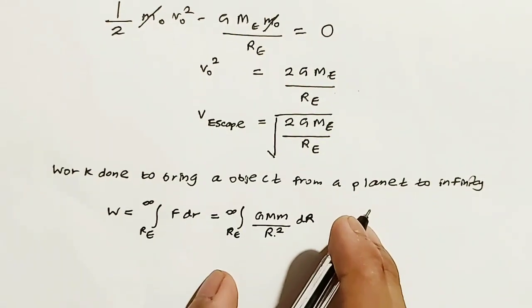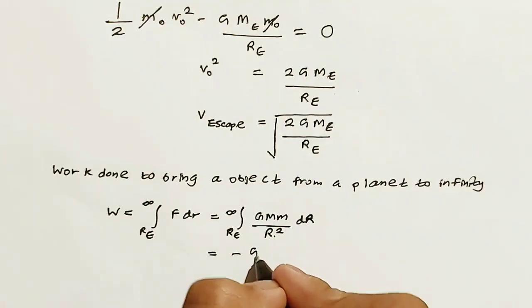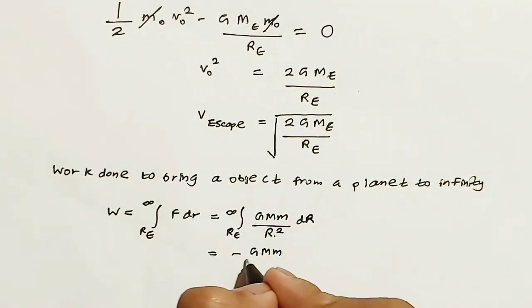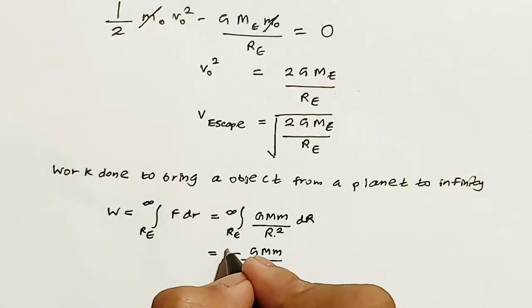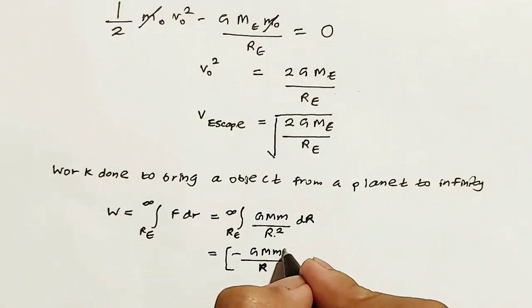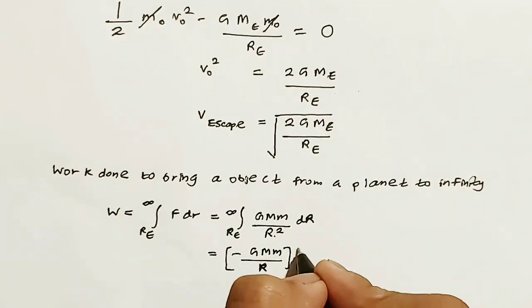This is equal to minus G times M divided by R, between R_E and infinity.